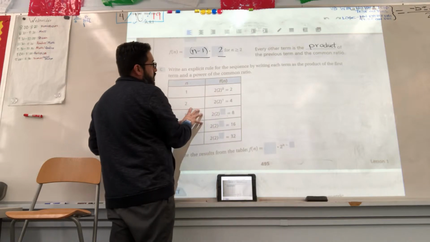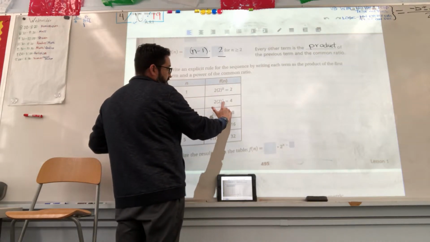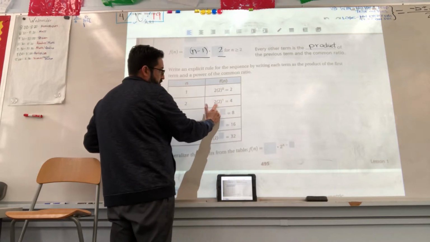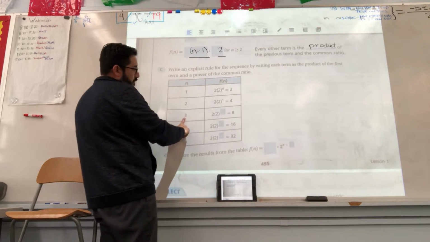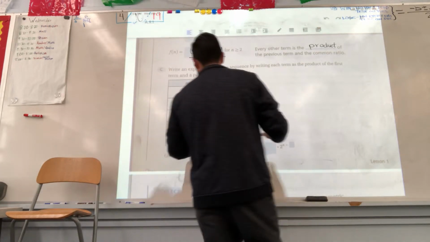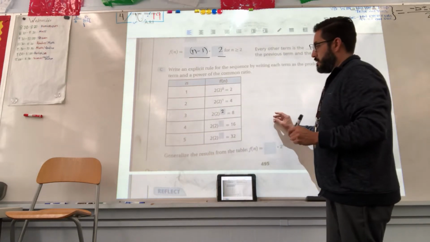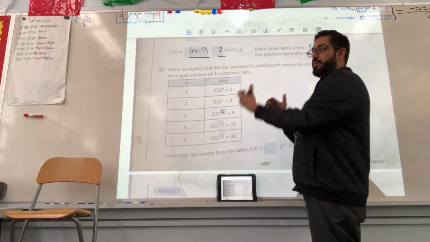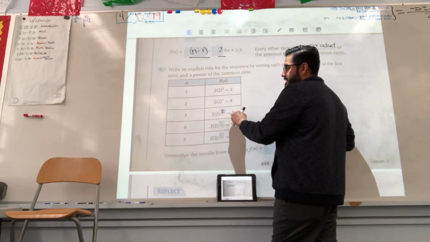Okay, here, this is our explicit rule, right? So when n is 2, we have 2 to the first power times 2. 2 to the first power is 2. 2 times 2 is 4. For 3, we're going to put 2 to the second power. Okay, again, the previous term. So 2 times 2 is 4. 4 times 2 is 8, right?